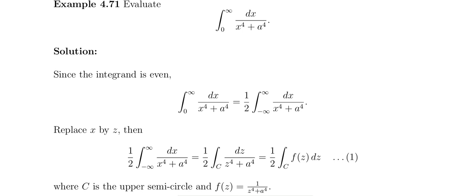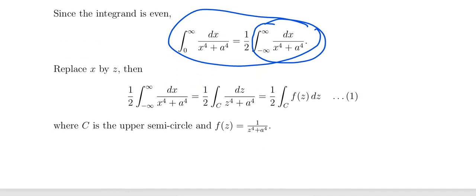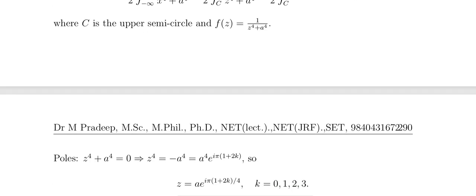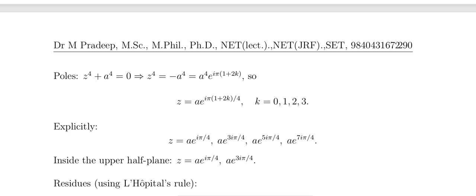And integral from 0 to infinity of dx by x power 4 plus a power 4. So this is integral from 0 to infinity, that is 1 by 2 into integral from minus infinity to infinity dx by x square plus b square. We can find the value for this integral only. So to evaluate the integral, z power 4 plus a power 4 equal to 0, that is z power 4 equals minus a power 4.